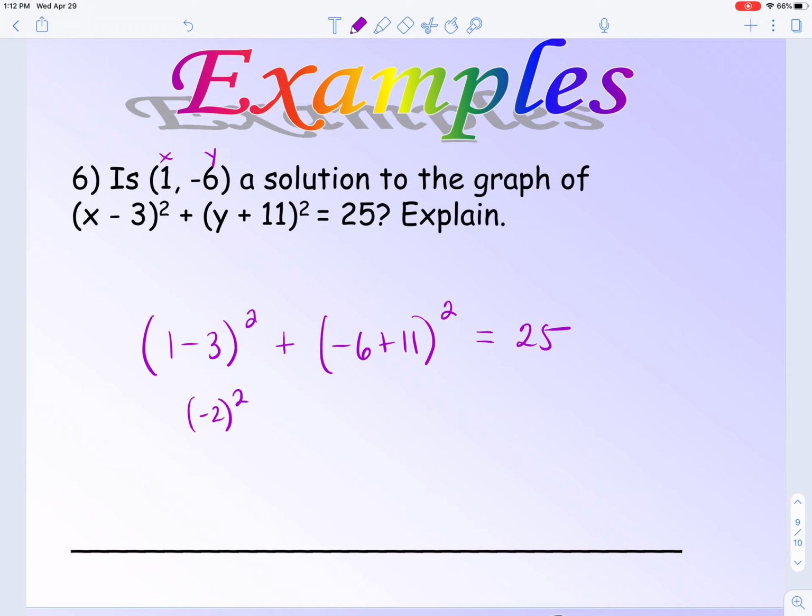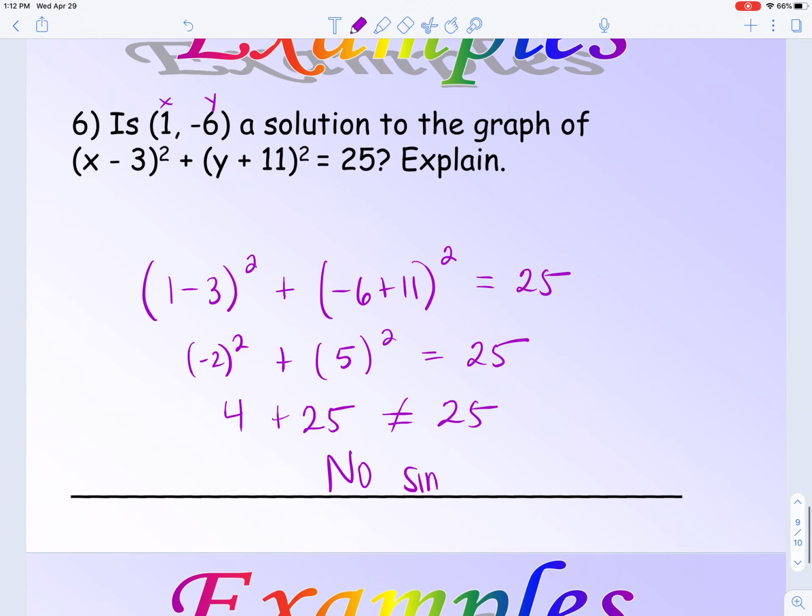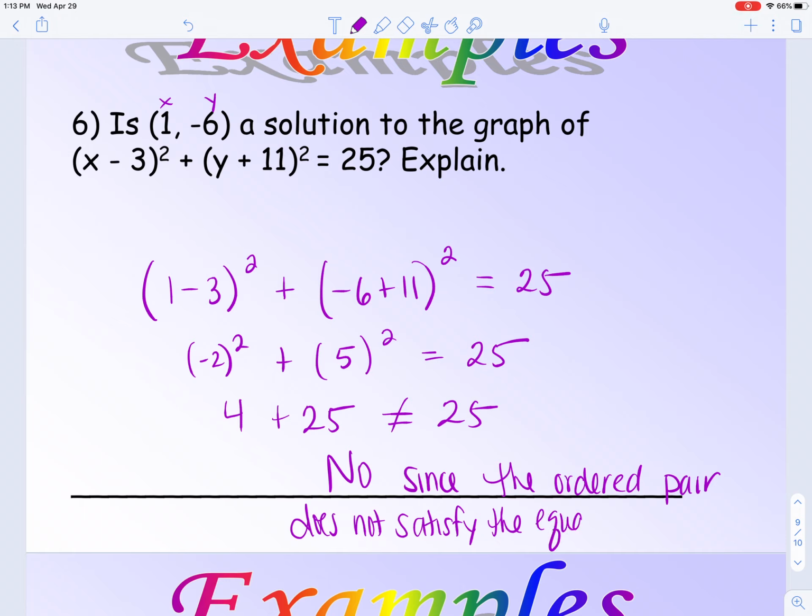Negative 2 squared, you could use the calculator, but I'd rather just put it in, and I could already tell it's not equal because 4 plus 25 is not equal to 25, so the answer is no, since the ordered pair does not satisfy the equation. You look, it said explain, so that's how I would explain.